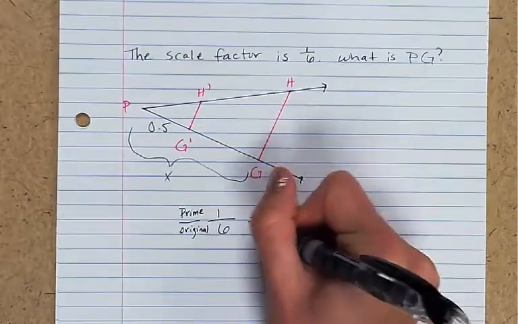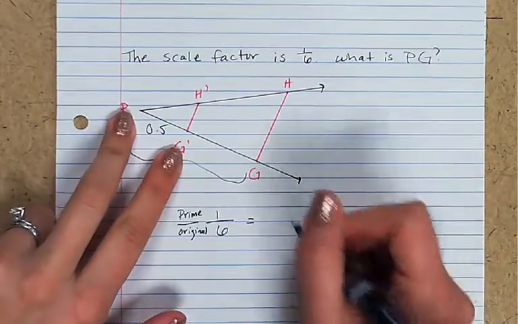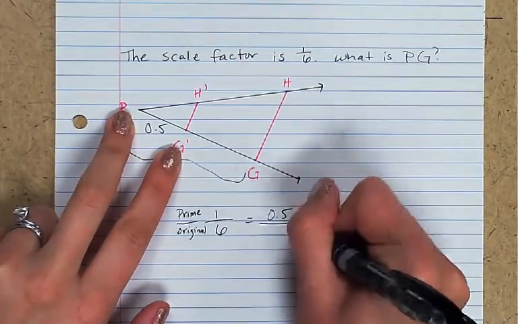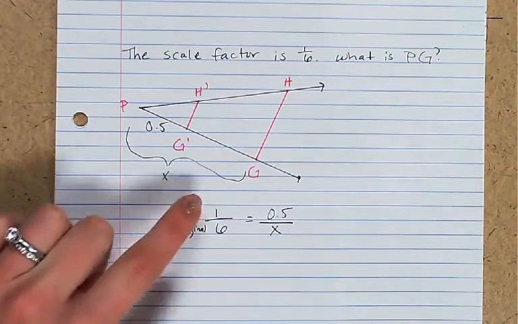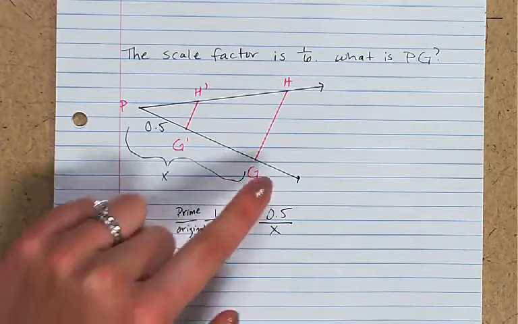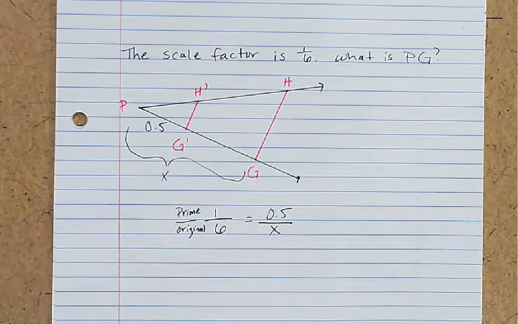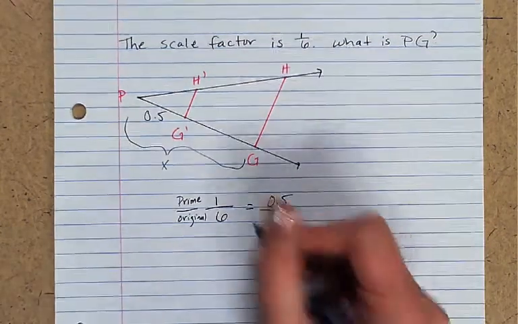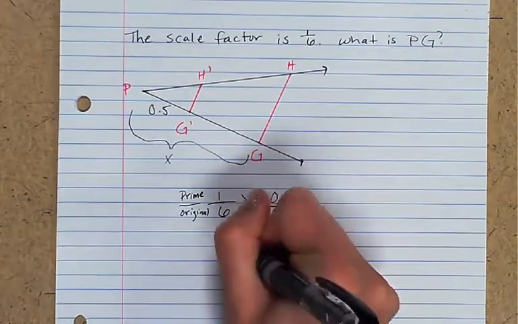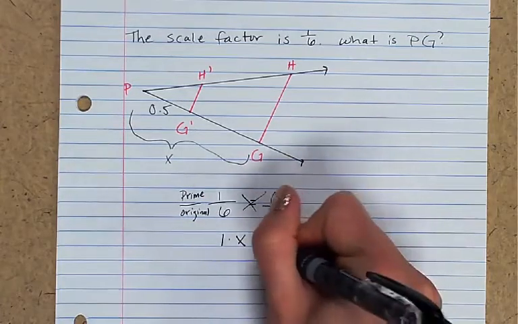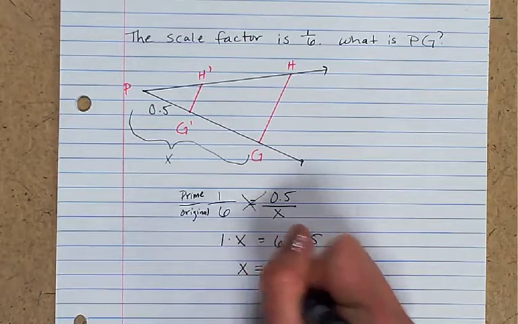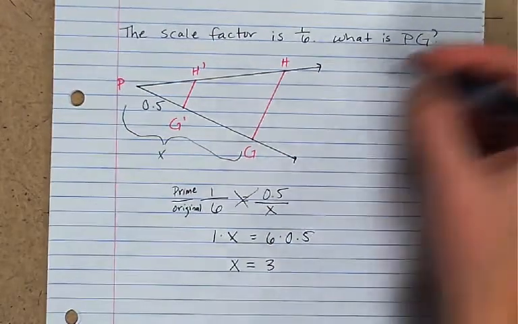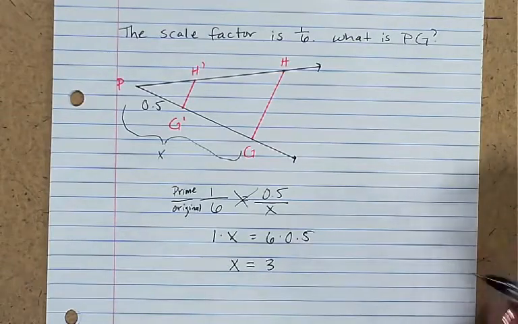So I can take my prime distance here of 0.5 and put it over my original, which we're trying to figure out. So the scale factor, prime over original, equals prime length over original length. When you have a proportion like this, you can just cross multiply. So 1 times x equals 6 times 0.5. So x equals 3. So PG, that distance here, has to be 3.